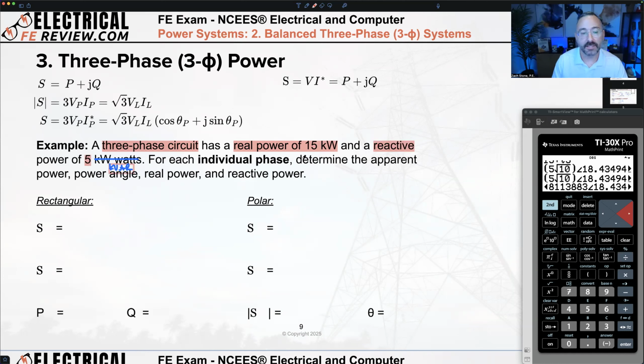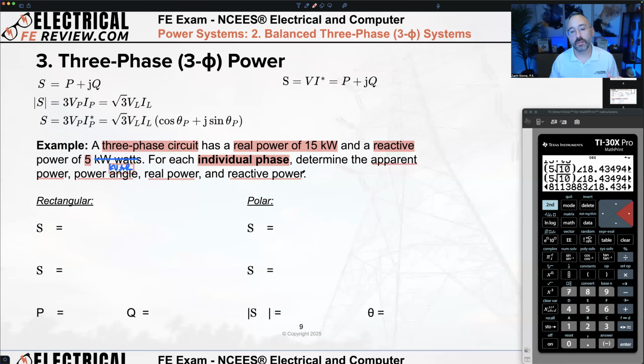But now the problem's asking for what? For each individual phase, determine the apparent power, the power angle, the real power, and the reactive power.